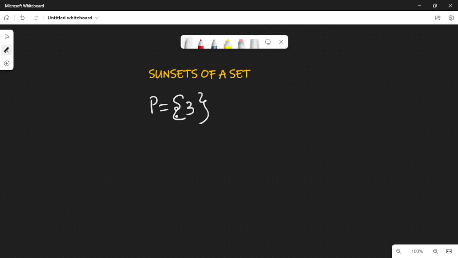The question is, find the power of P, or find the subsets of P. To find the subsets of P, we write that the subsets of P include 3, because a set is a subset of itself.